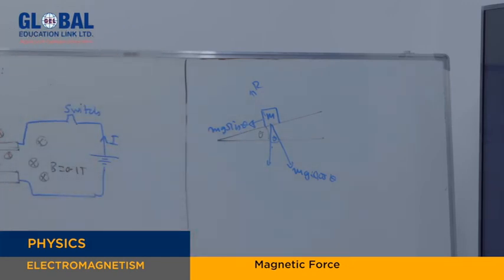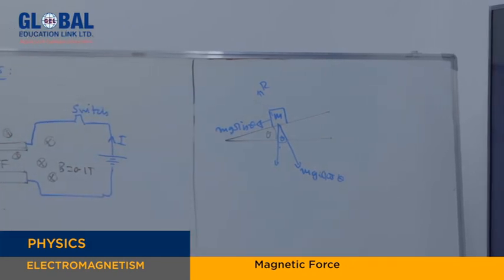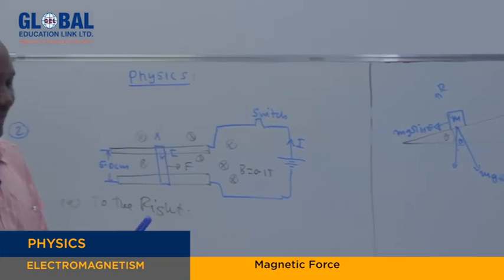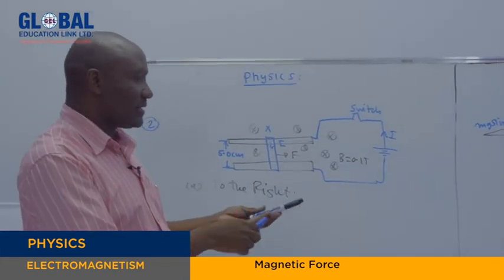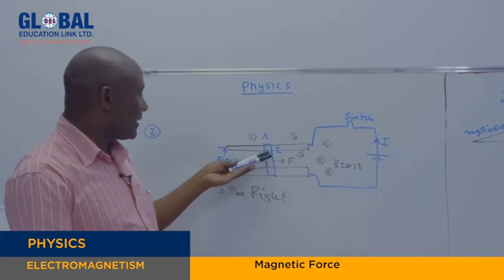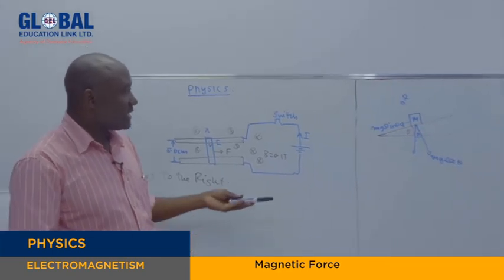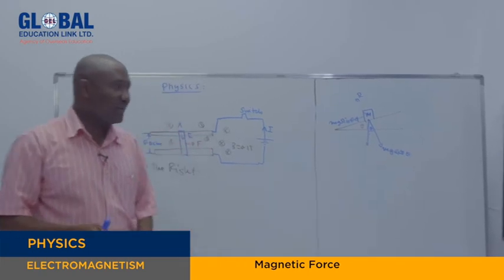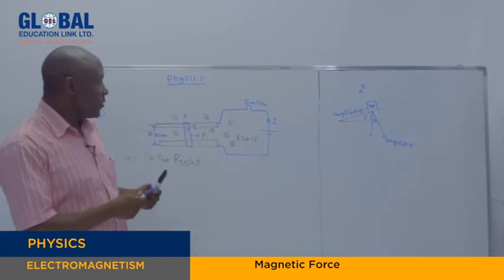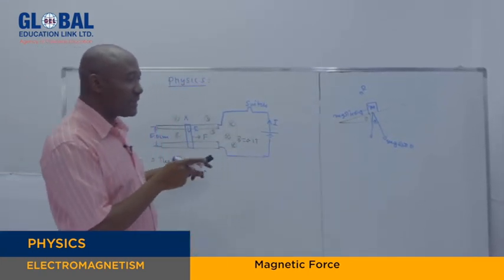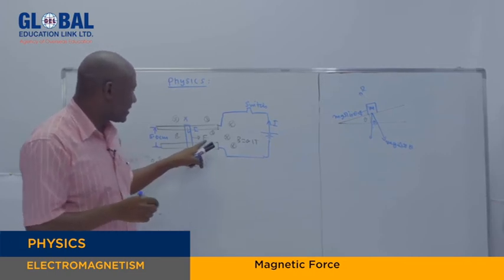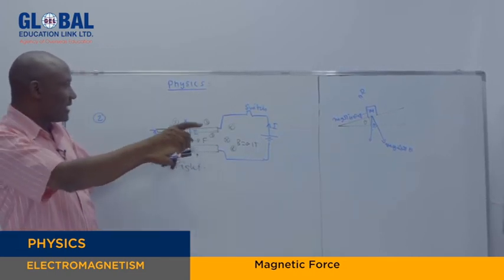Initially, the angle between the rails and the horizontal is 0. When you lift them up, you make an angle theta with the horizontal. We are told the direction of the magnetic field remains constant. Initially, the magnetic force was acting to the right, horizontal.